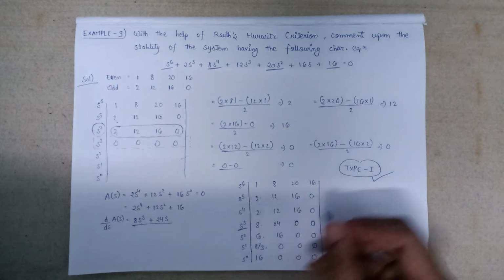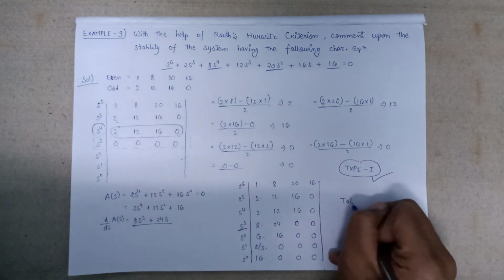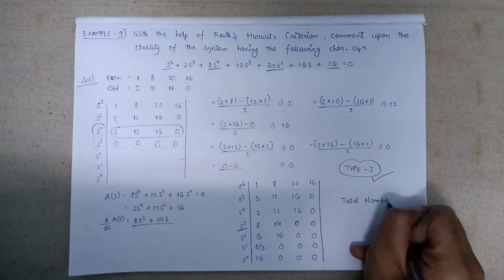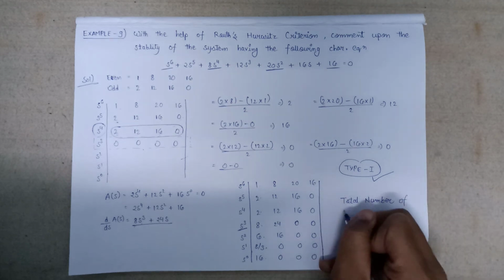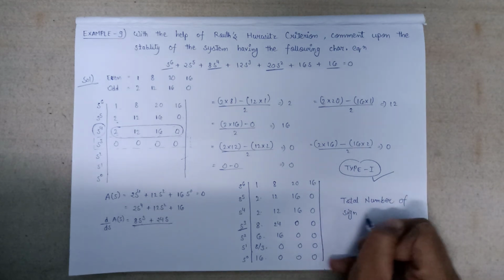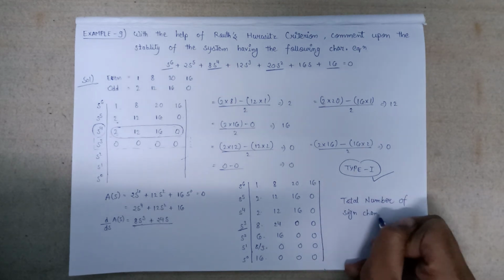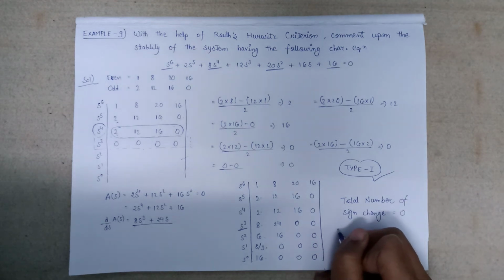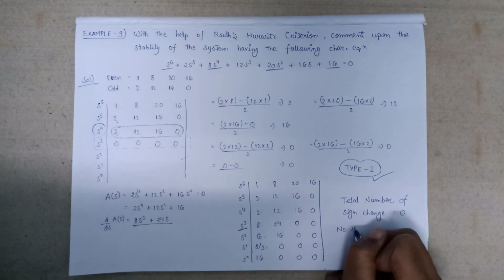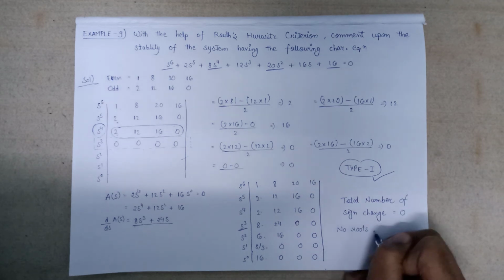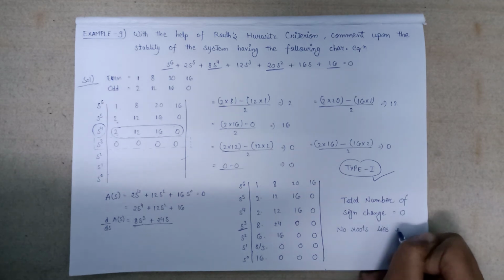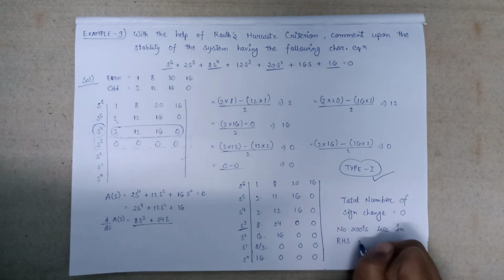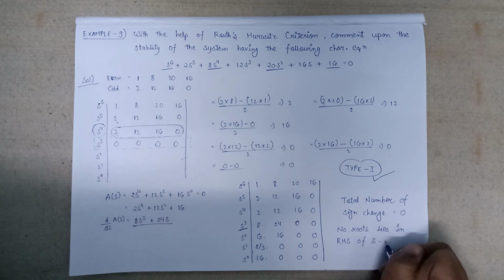So we can say that the total number of sign changes is equal to 0. So we can say that no roots lie in the right half of the S-plane.